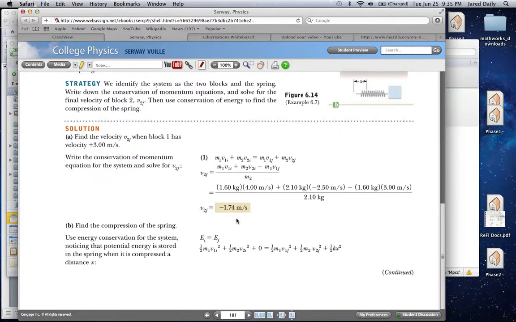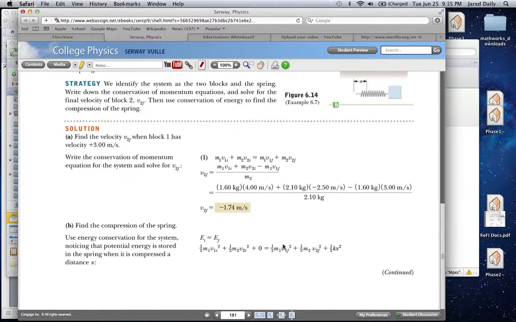Then they want to know the maximum compression of the spring in the system. Well, in that case, you need to use energy because we don't know anything about momentum of springs. In fact, I don't even know how to describe a momentum of a spring. But I do know how to describe the energy of a spring, and that's where you have initial energies, two kinetic energies, and a spring energy. At the beginning it's 0 because it's just relaxed.